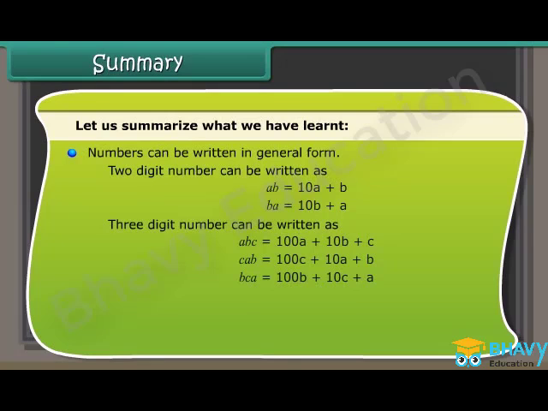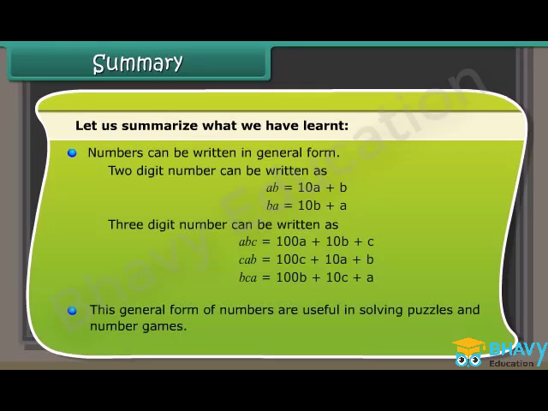A two-digit number can be written as AB is equal to 10A plus B, BA is equal to 10B plus A. A three-digit number can be written as ABC is equal to 100A plus 10B plus C. CAB is equal to 100C plus 10A plus B. BCA is equal to 100B plus 10C plus A. This general form of numbers is useful in solving puzzles and number games.